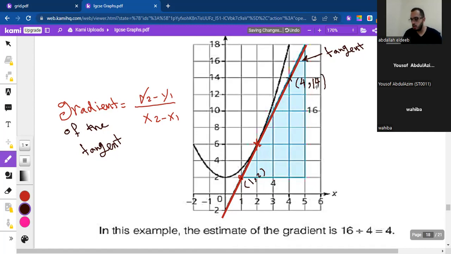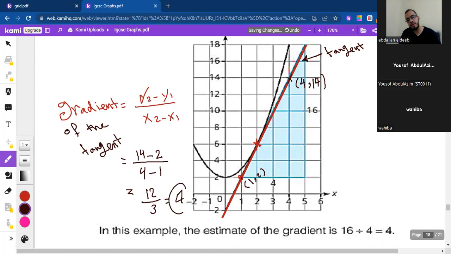Then use the formula y2 minus y1 over x2 minus x1. Then it will be 14 minus 2 over 4 minus 1. 12 over 3, again 4. So the gradient is 4.